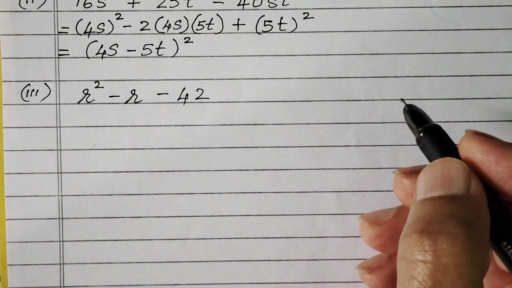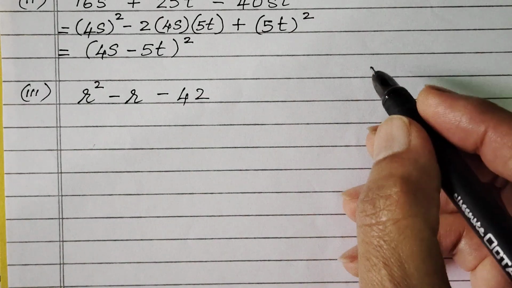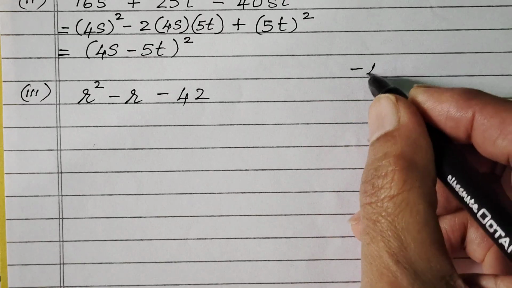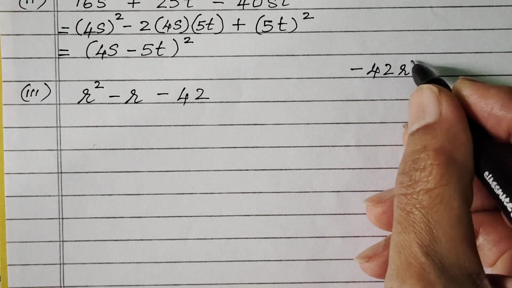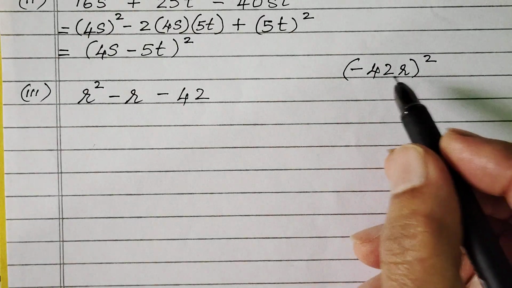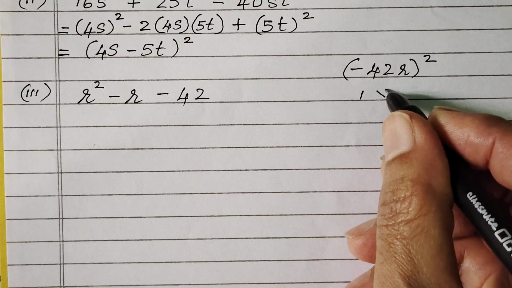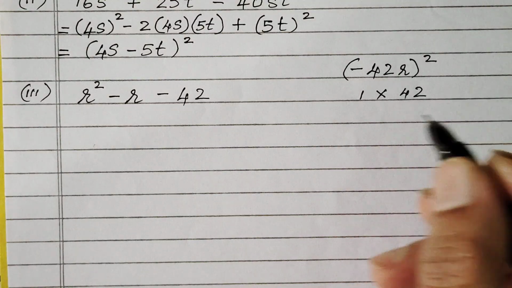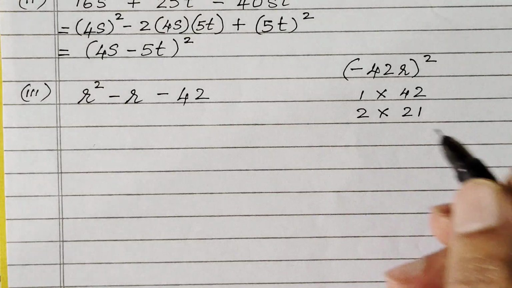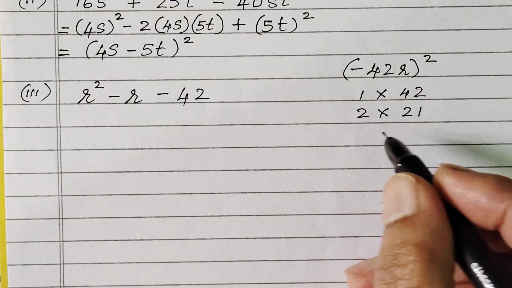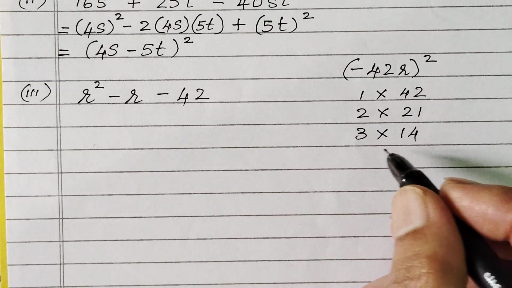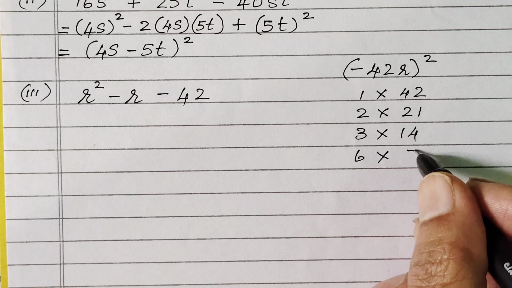What we get? We get minus 42 r square. I'll write it here, minus 42 r square. Now we have to find out the factors of 42. So 1 into 42, 1 42s are 42. 2 21s are 42. 3 14s are 42. 6 7s are 42.